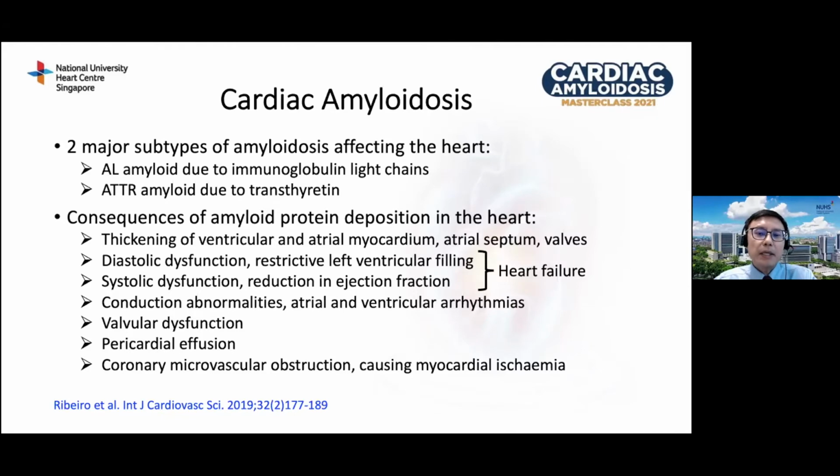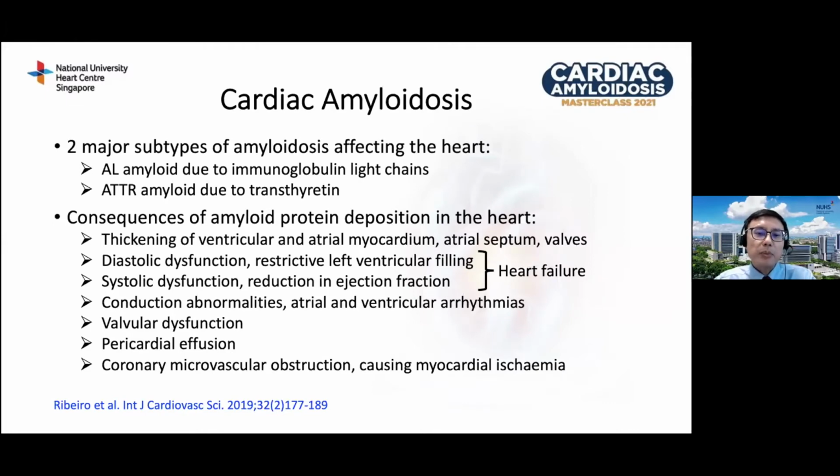It is important to highlight the consequences of amyloid protein deposition in the heart. You have seen what Dr. Tan Li Ling has already mentioned, some of the morphologic features of thickening of the ventricular and atrial myocardium, atrial septum, and the valves.